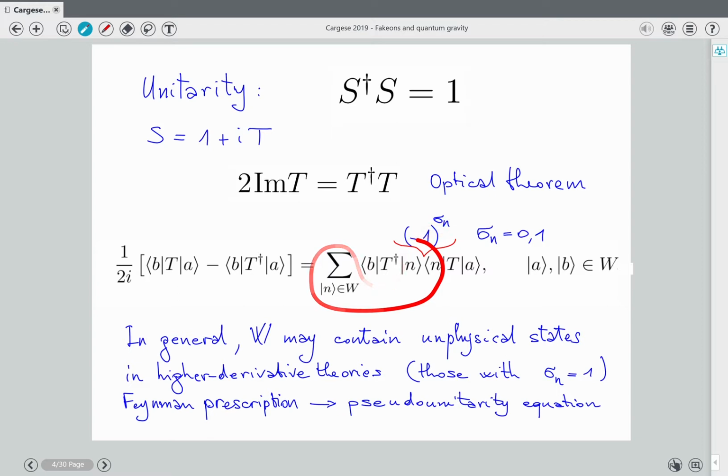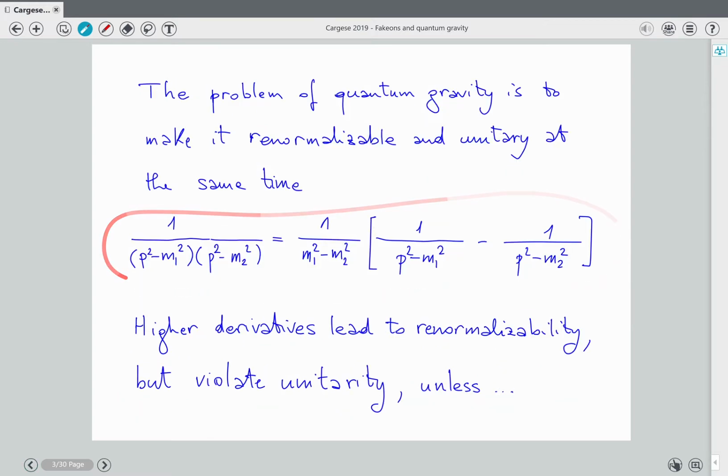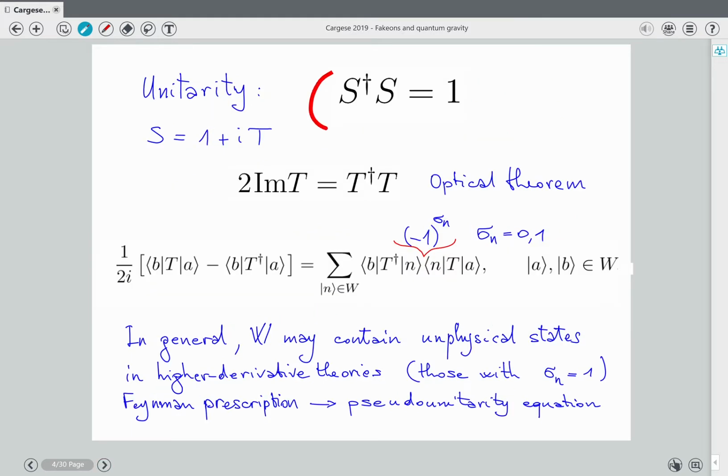The point is that you cannot prove this identity from a higher derivative theory because of these minus signs. So you do not prove unitarity, indeed they are not unitary, if you use at least the standard Feynman quantization prescription. What you can prove, however, is called the pseudo-unitary equation, which is very similar to what you would like to get.